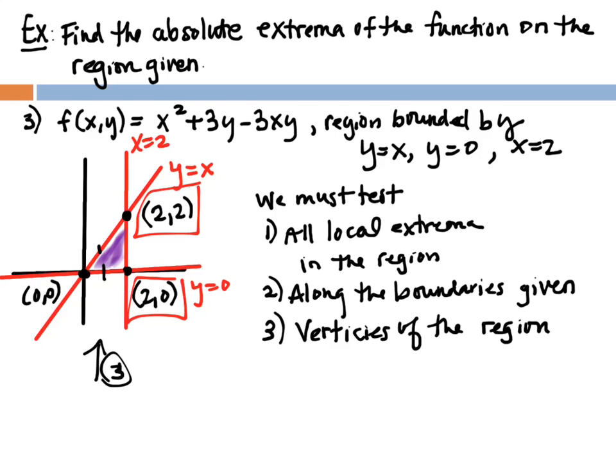Agreed? Okay. So do you remember when you worked in Calc 1, what you did next once you had these possible places where you might have extreme values for absolute extrema? You plug them back into the function, and you decide which one's the biggest and which one's the smallest. So we're going to take our function with all of these values.